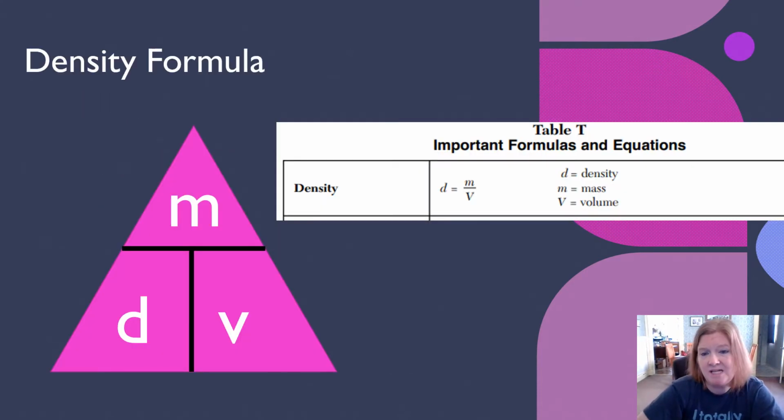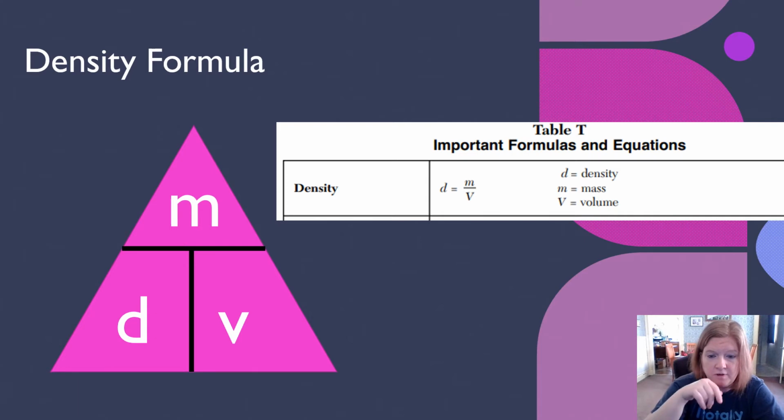The formula for density, where do you find it? You find it on table T. And it tells you the formula, and it tells you what everything in the formula stands for, so you don't have to wonder, okay? Now, to figure out how to calculate mass or how to calculate volume from that formula, you can use this triangle.